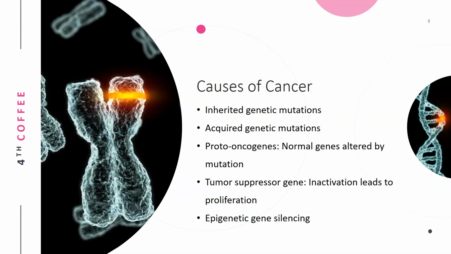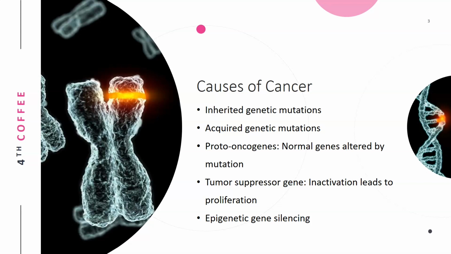And of course, tumor suppressor genes are always looking to turn off growth. If those get inactivated, then there's nothing to keep those mutations in check, and those cancer cells can grow out of control.